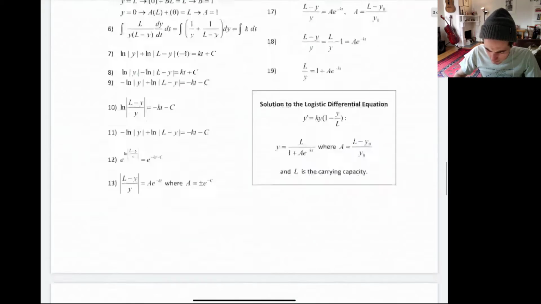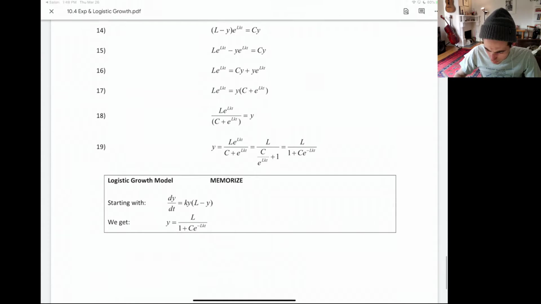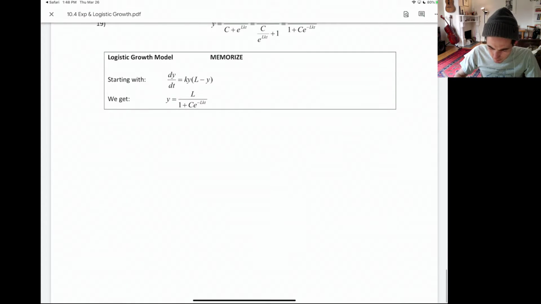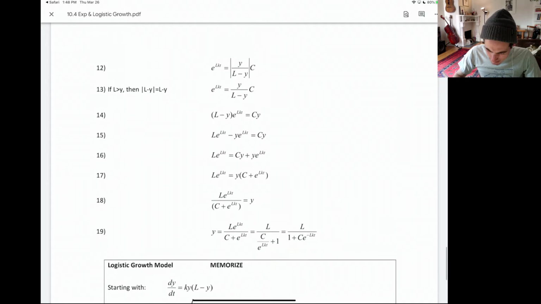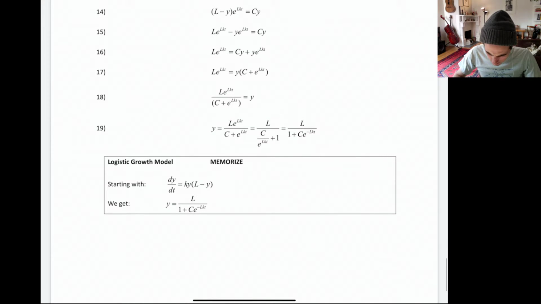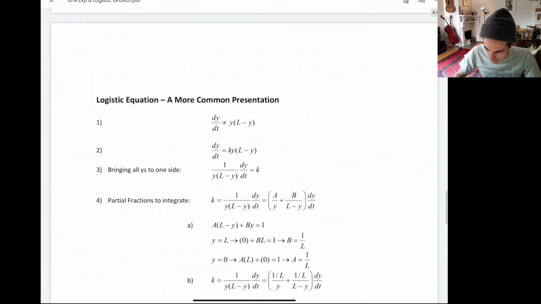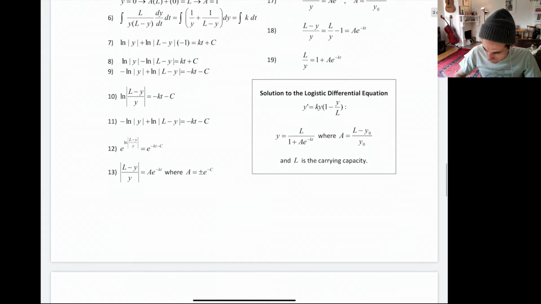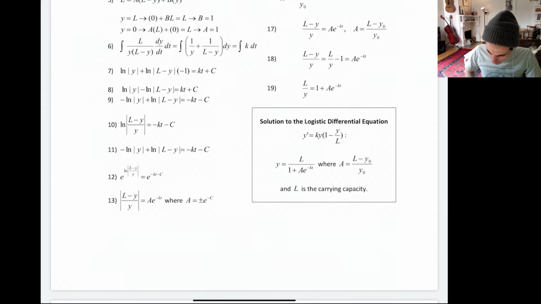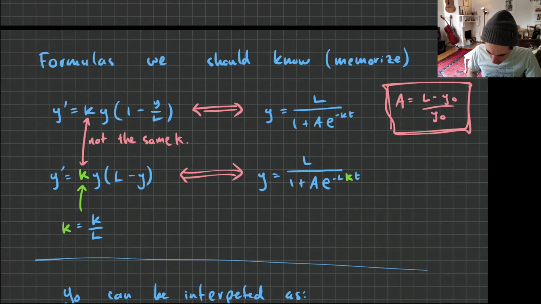And then he's got a great blurb about how these all work. Here he's using the letter C; we've been using A. It's all the same thing. Okay, so let's do a couple questions then.